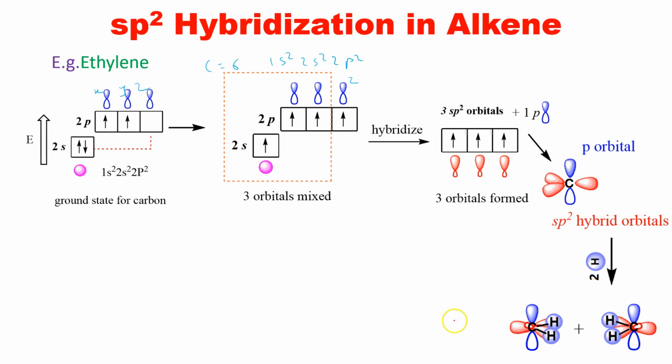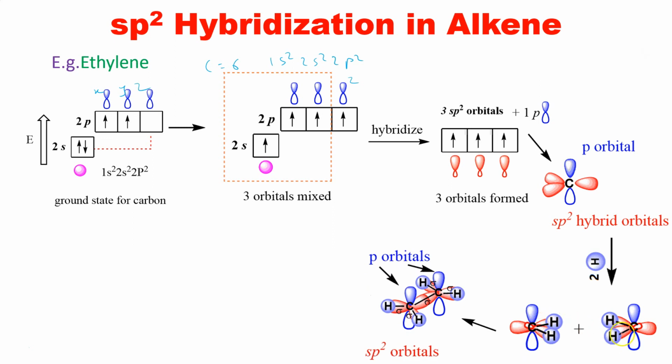The same thing happens with this second carbon as mentioned for the first carbon. The two hydrogens combine, and in both cases one orbital is empty. The unhybridized pz is at 90 degrees to all of these.